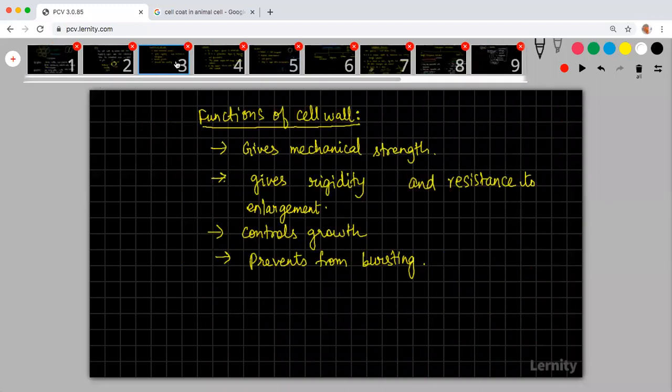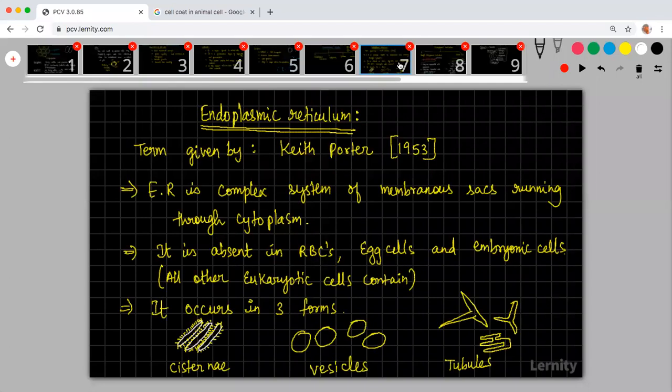Third slide. 7th slide. Yeah, pits are also called lumen. Yeah, you can call it.